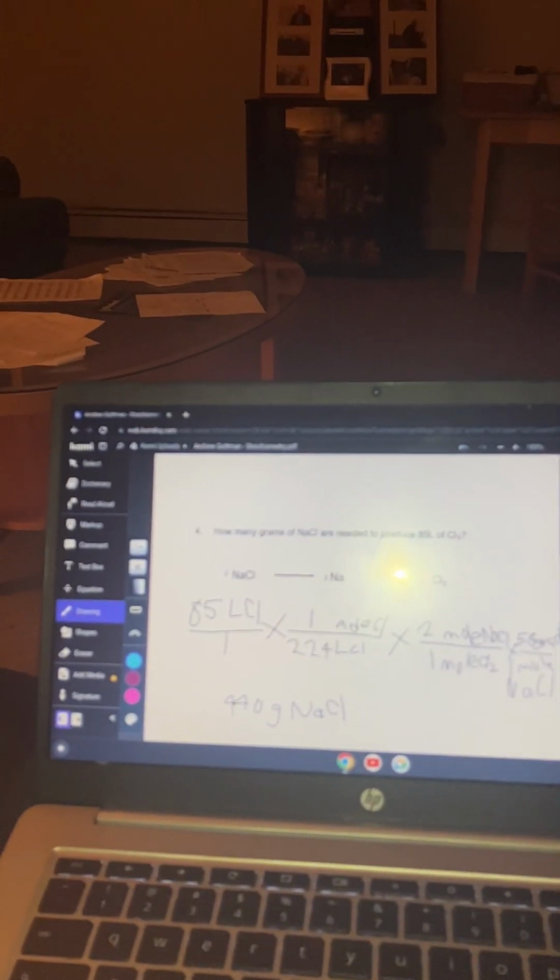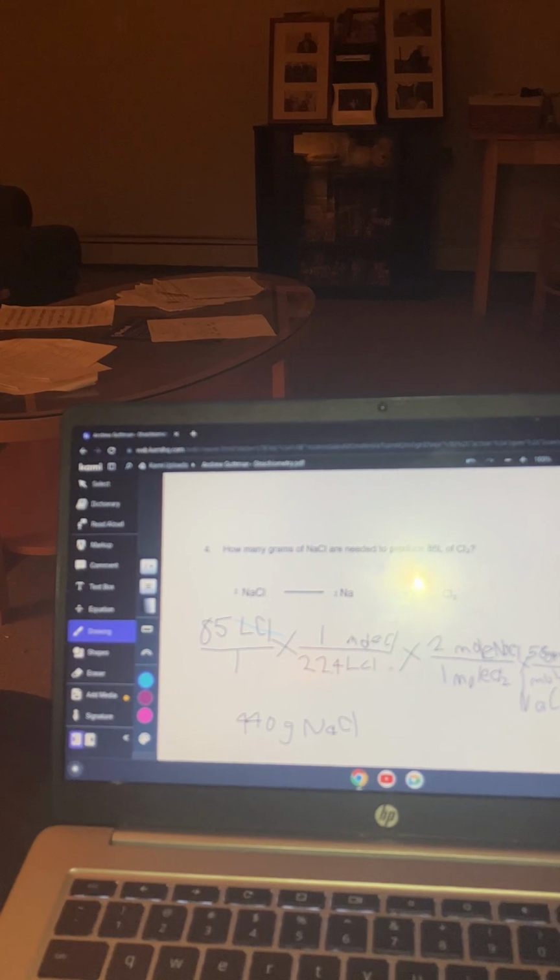1 mole Cl is 22.4 liters of Cl. This is chlorine gas, so Cl2. So I probably should have specified that, and I probably should just go in and add a 2. That would probably be a smart idea.